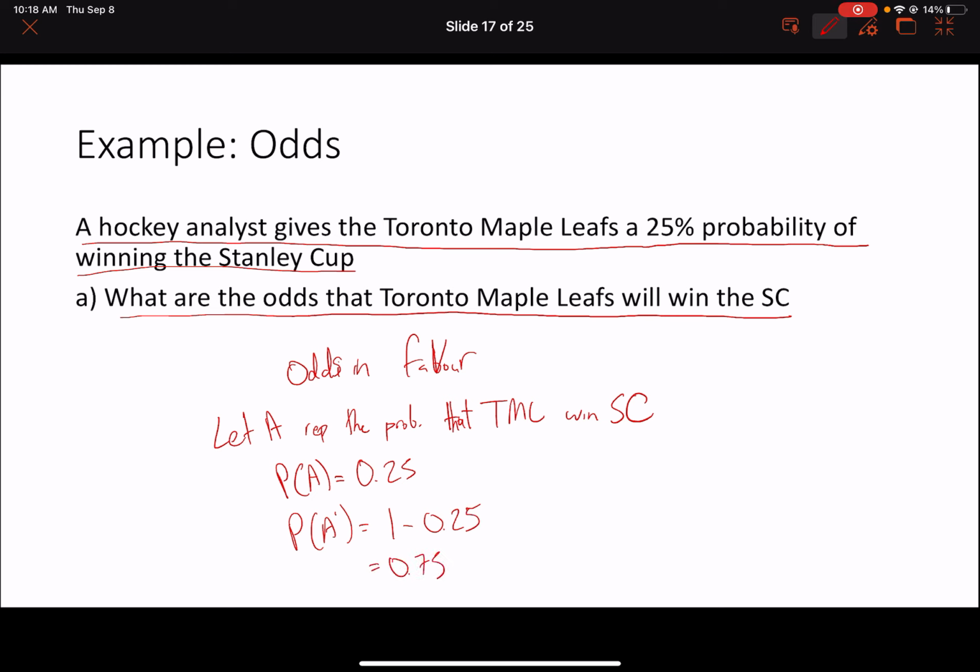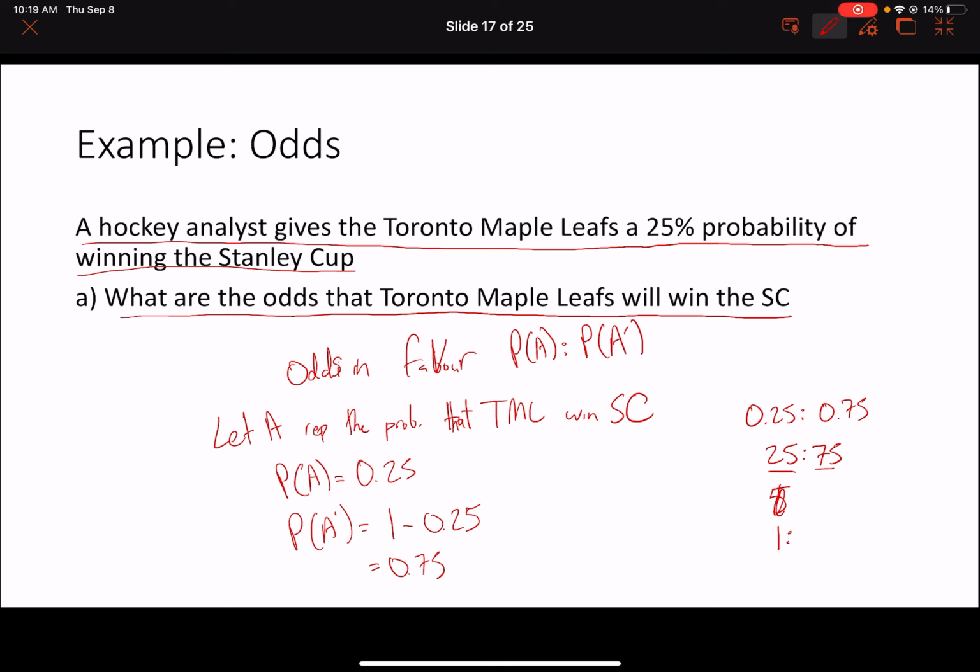So the odds in favor is just P of A to P of not A, which is equal to 0.25 to 0.75, or the same thing as 25 to 75. We multiply both sides by 100, and then we can divide both sides by 25.